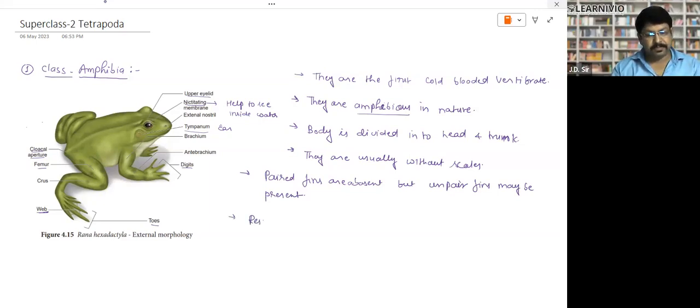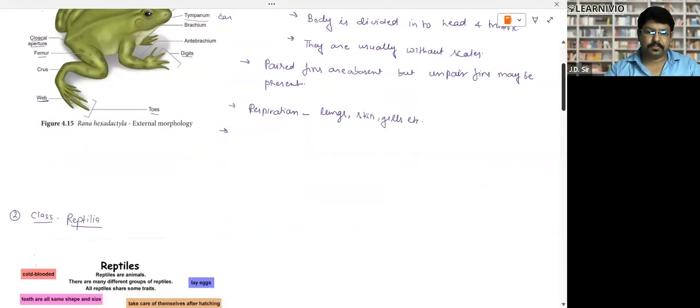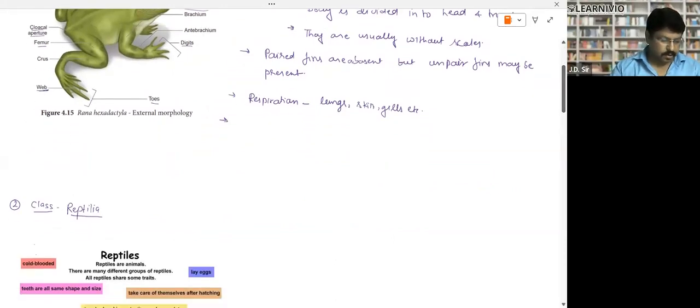The respiration takes place through lungs, skin, gills, etc. Heart is three-chambered.